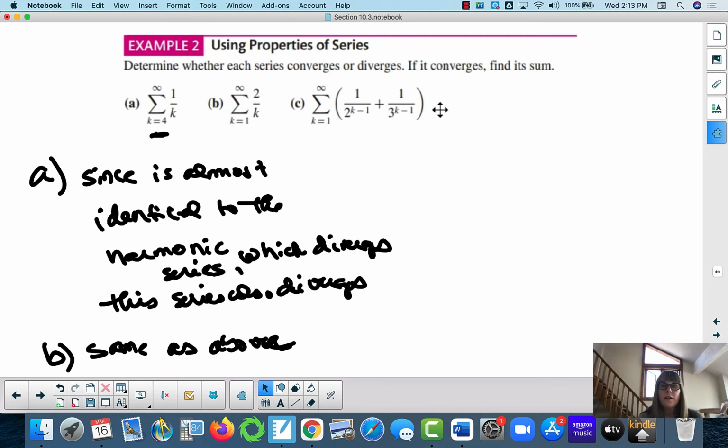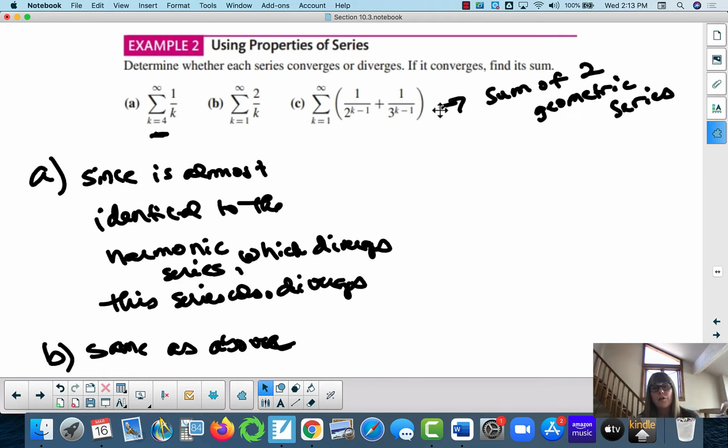And then this one is a sum of 2 geometric series. So in this one, if they converge, we actually can find the sum because we have that formula for the geometric series that we learned about in the last video. So this one, R is 1/2, and so our series converges because R is less than 1.